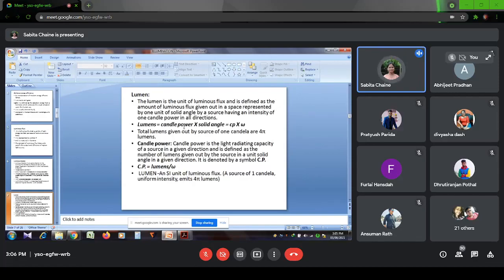That's why you can say it is lumens per omega. Lumen is the SI unit of luminous flux. The source of one candela uniform intensity emits 4 pi lumens. So if it emits energy in all directions, one candela power will emit a uniform intensity of 4 pi lumens. It is very important.